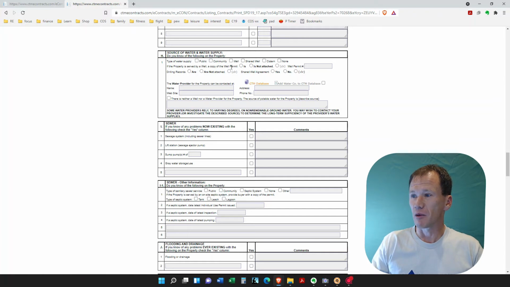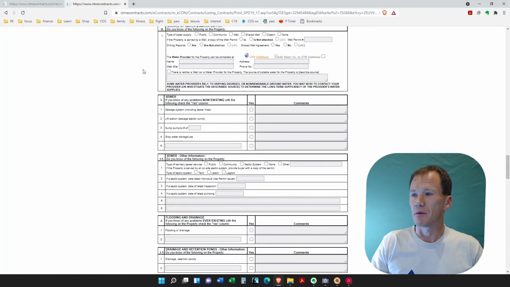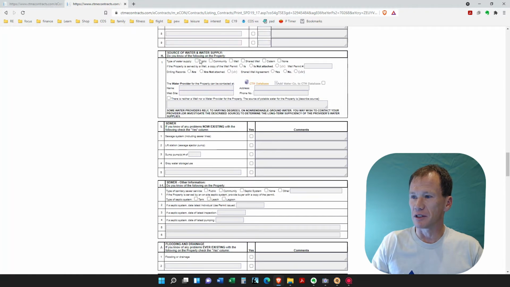If the property is served by a well, copy of the well permit is or is not attached. If at all possible, please attach it. If it's not attached, get the permit number, send it along later. It's going to be required. The buyer's going to want to see it. The buyer's going to need to see it. Drilling records, again, if you have that info, send it. Shared well agreement, if you have a shared well, what's the agreement on it?